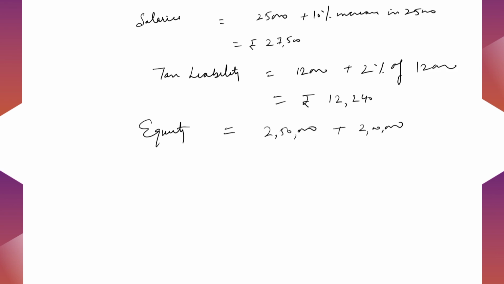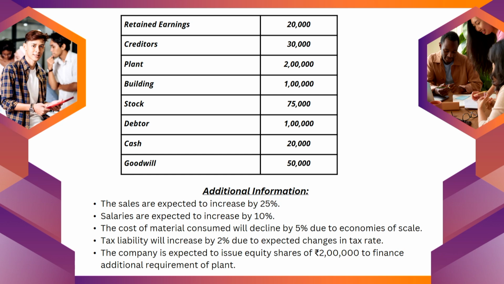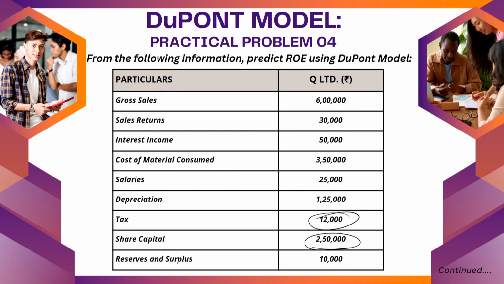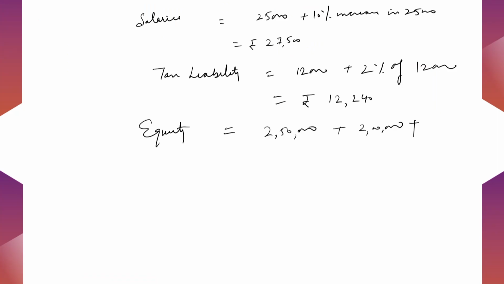Because we have to calculate the shareholders' equity, we will add the retained earnings, which is given as 20,000 in the question, and reserve and surplus of 10,000.